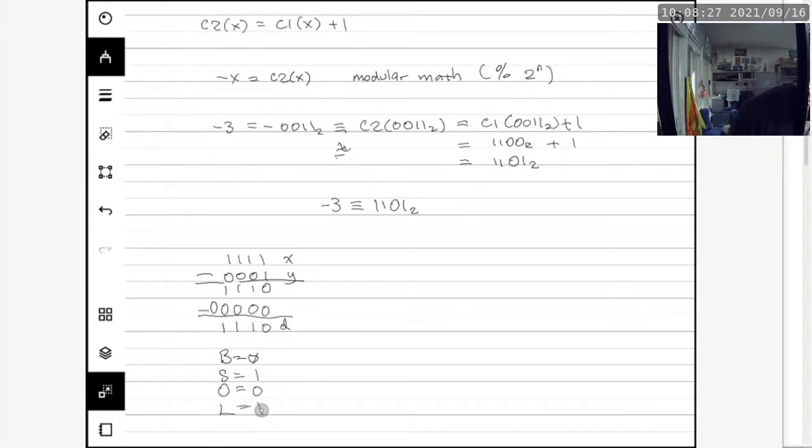Alright, so I can just go work it. So overflow is not X, the most... so we're only referring to the most significant bits.